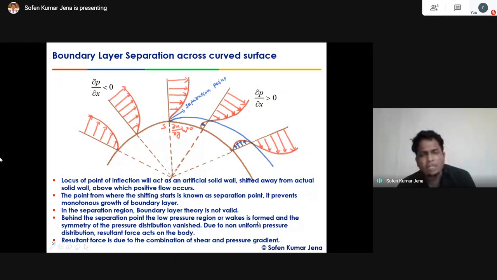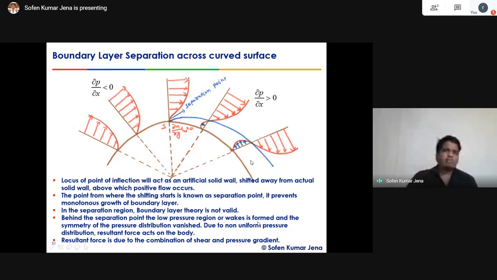The resultant force is due to a combination of the shear and pressure gradient. For the flat plate, there was only shear force. So what forces are acting over this separation region, or for the blunt body? There are two kinds: one is the shear force, because of the viscosity and the no-slip condition, as well as the pressure gradient force, and they are acting.